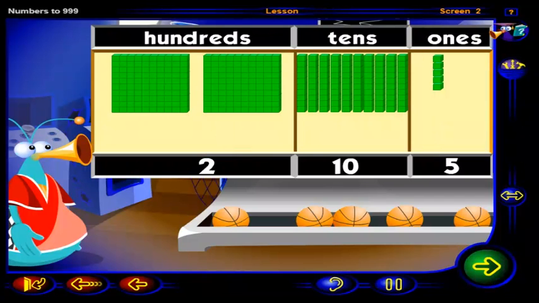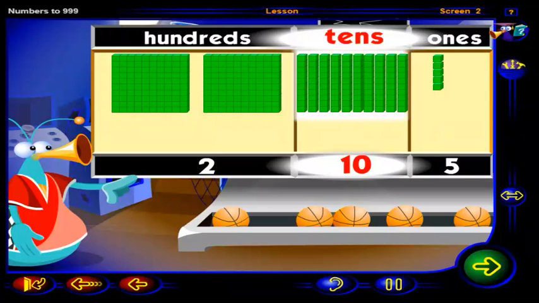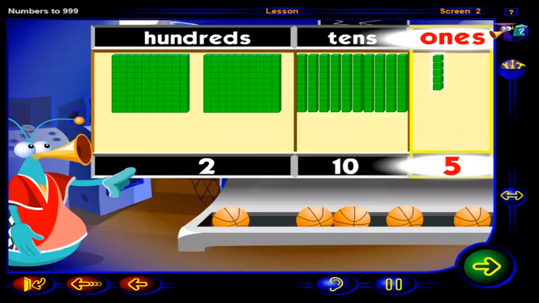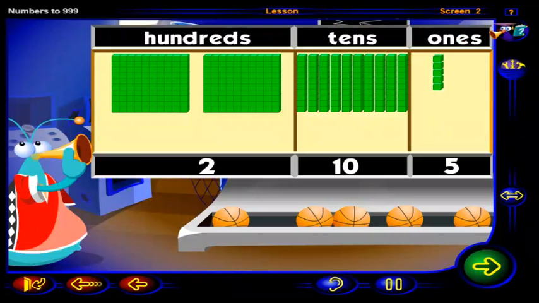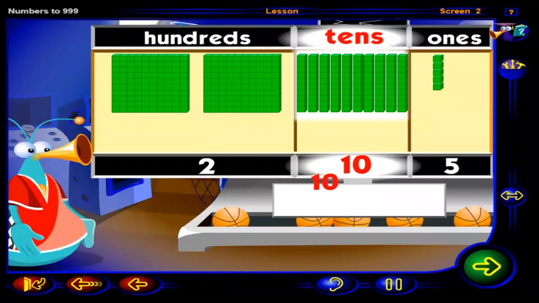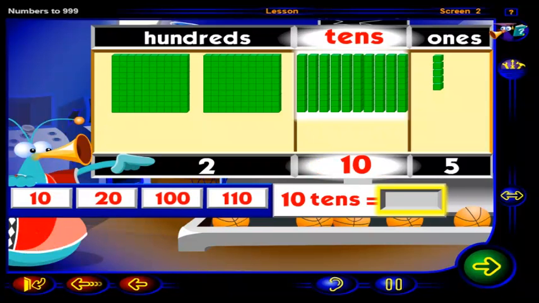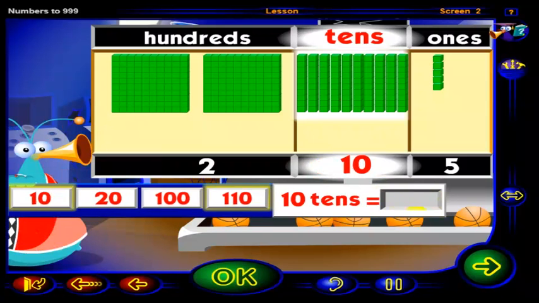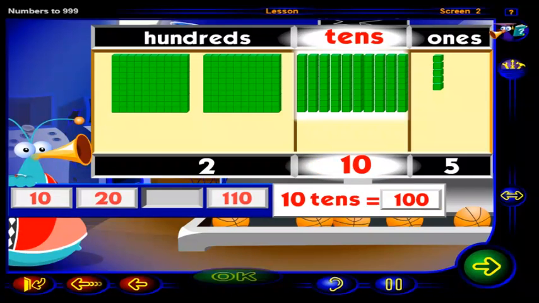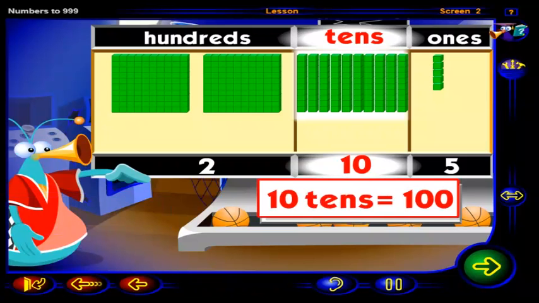Okay, now there are 2 hundreds in this place, 10 tens in this place, and 5 ones in this place. Isn't there another way of showing 10 tens? What is 10 tens? Drag a number here, then click OK. That's it. 10 tens is 100.